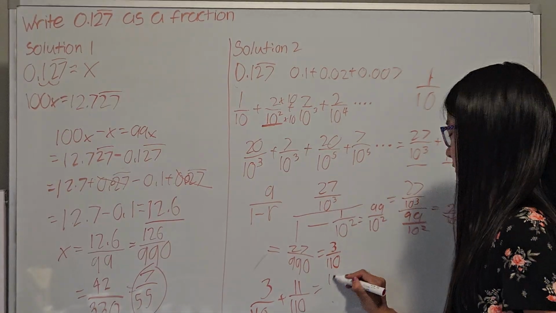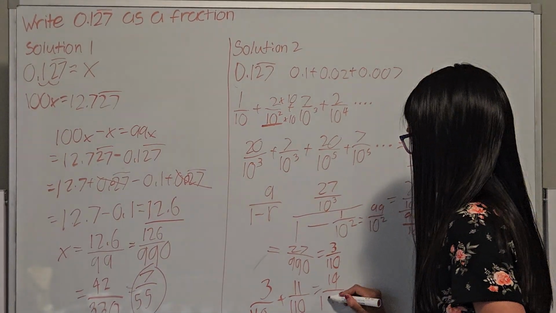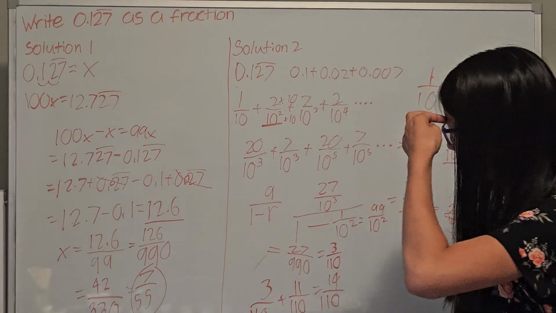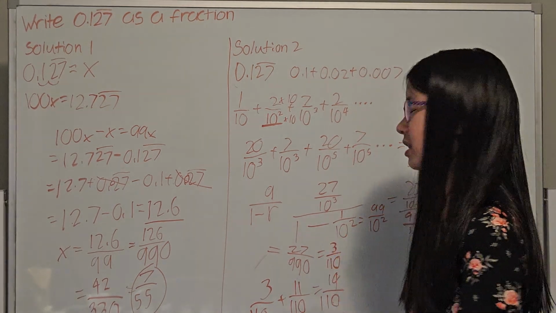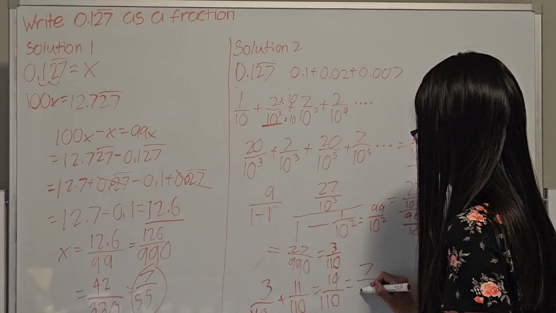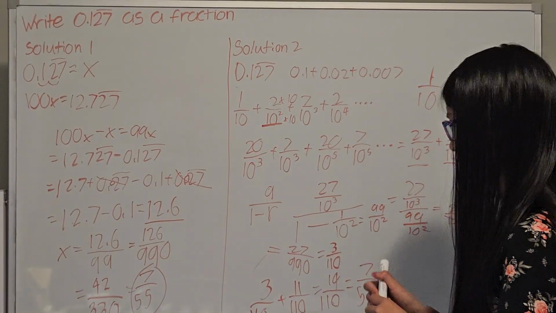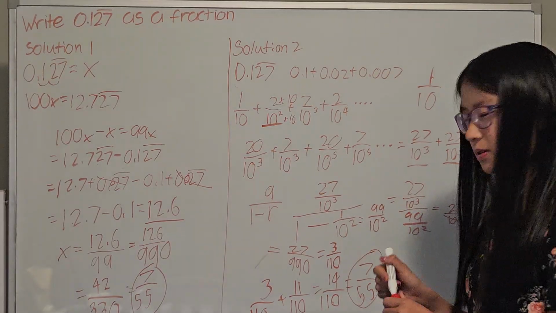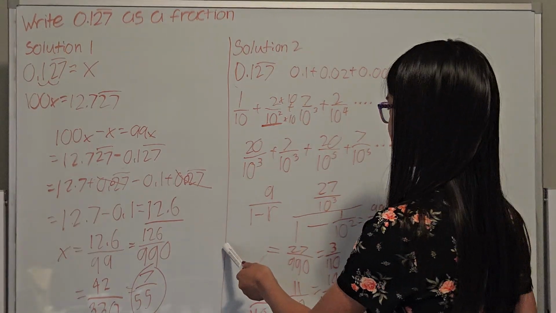And this will equal 14 over 110. Now we could divide the top and the bottom by 2, which will give us the same answer, 7 over 55. So these two answers are the same, which means both of these methods work.